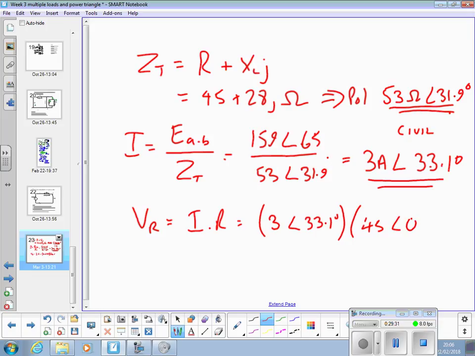The angle associated with that is nothing, but we'll write it in for completeness. I'll make that 135 volts, angle 33.1 degrees. And that's true too. Current through a resistor and the voltage across it are the same angle, because the resistor doesn't alter the angle. Yep.